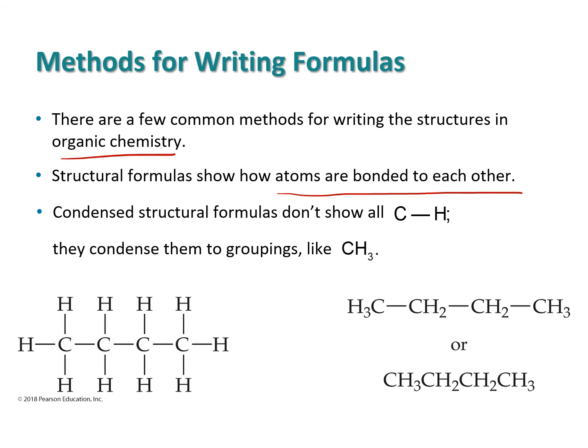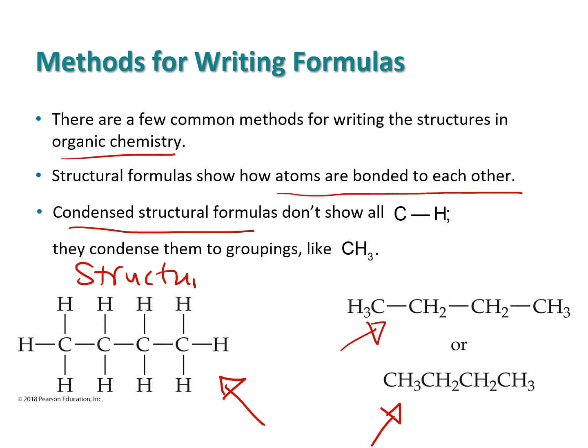There are condensed structure formulas, which condense the groups together into little groupings, like this one, or like this one, in comparison to the regular structural formula, which shows every single bond between every single atom. So this right here is just a regular structural, and then this one is a condensed.